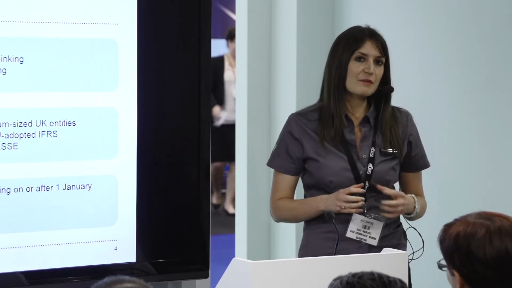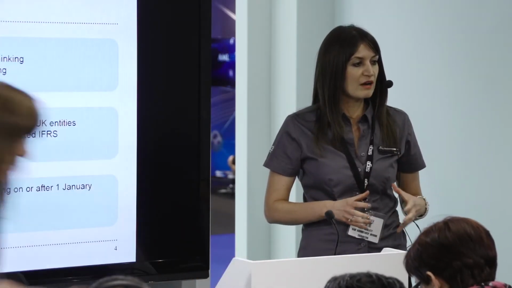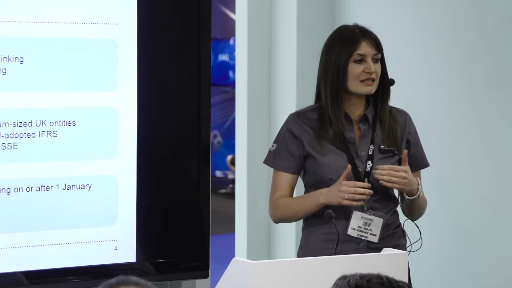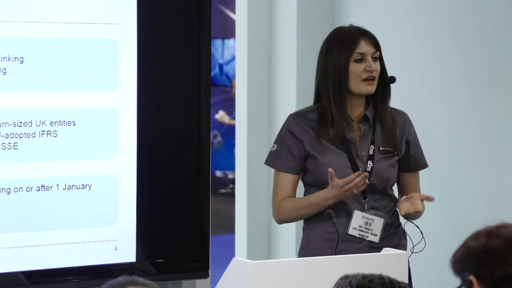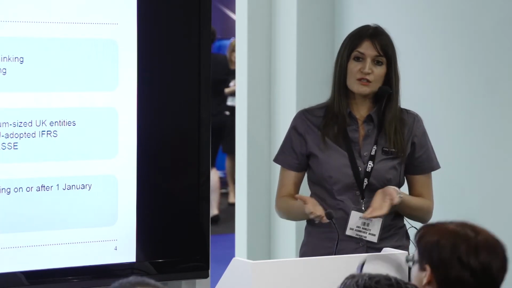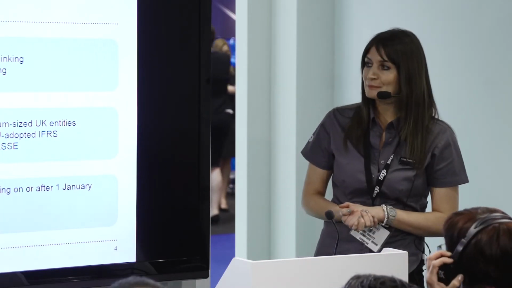And the idea of that being that certainly for groups where the parent reports under IFRS, the subsidiaries under UK GAAP, it's a lot more aligned. It's easier to compare financial information and to interpret financial information across different accounting frameworks.